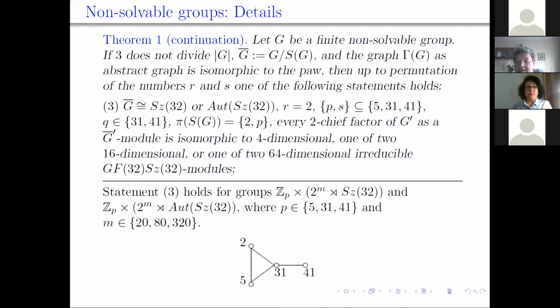So do you mean that this method will be applied for the last case? Yes. Because Nikolay said that there is one open case, right? Yes. We also use the modular representation of simple groups. This is a very hard theory. Right, yes, that is true.